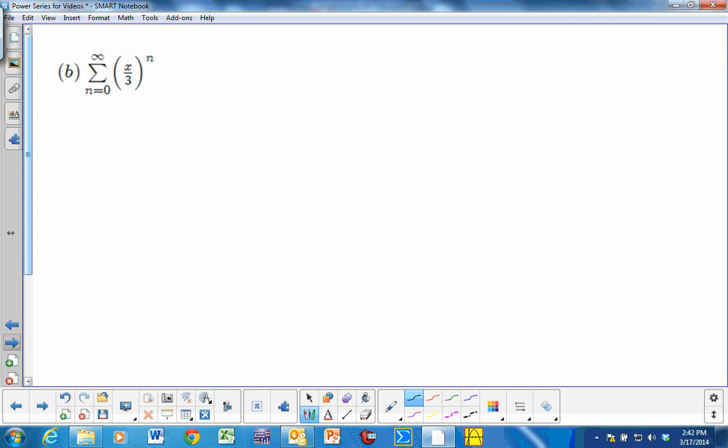So here we have x over 3 to the n. Now, for this one, we could certainly do the ratio test and all of that. But when we look at it, we should realize that this is actually a geometric series. And so to make life a little bit easier, let's just realize this is a geometric series.